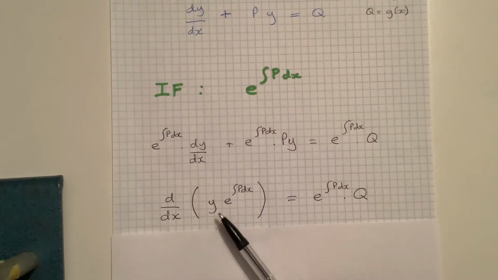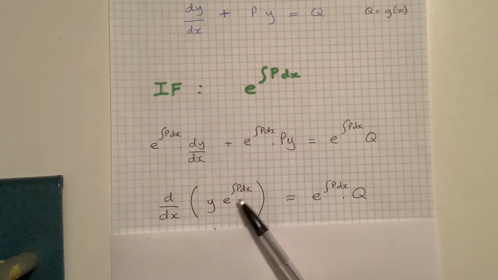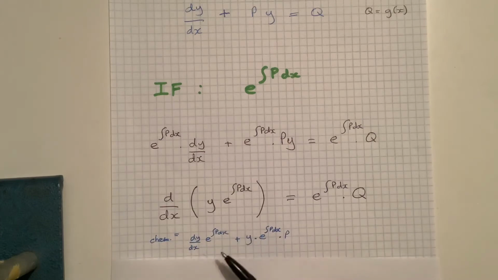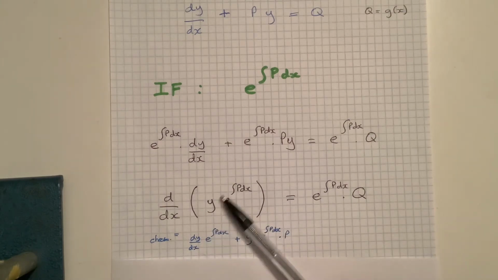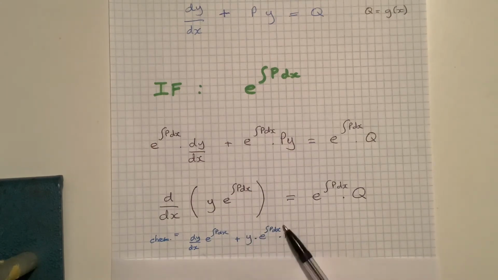Just to prove that that works, if I were to use the product rule on this, if I were to differentiate this out, let's just do a quick check. So I differentiate the y function and get dy by dx times this function. Then I would differentiate this function. Now we know that the exponential differentiates to give the exponential, but then by the chain rule I have to multiply this by the derivative of the inside function. And when I differentiate the integral of p, I'm going to get p, because the differentiation and the integration will cancel out.